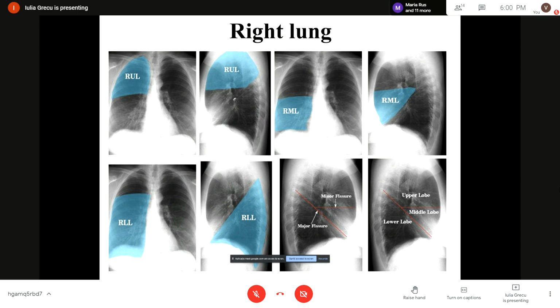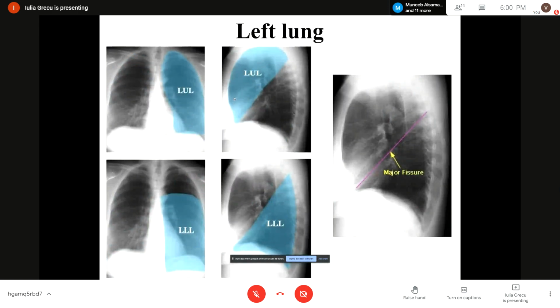Okay, so this is the segmentation of the lung. This is the normal aspect of the lung, which is a bit more loosened than the rest of the structures, because it's composed of a lot of alveoli, which are distended with air.